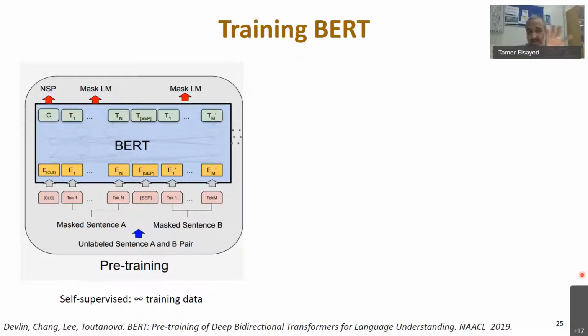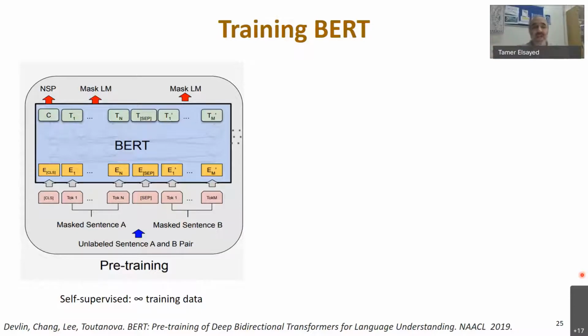So that same model can be fine-tuned for a classification task, for a ranking task, for a machine translation task, for example. You can do whatever you like, given of course the limitation of the model. But for every task, you have to fine-tune the pre-trained model for that specific task.